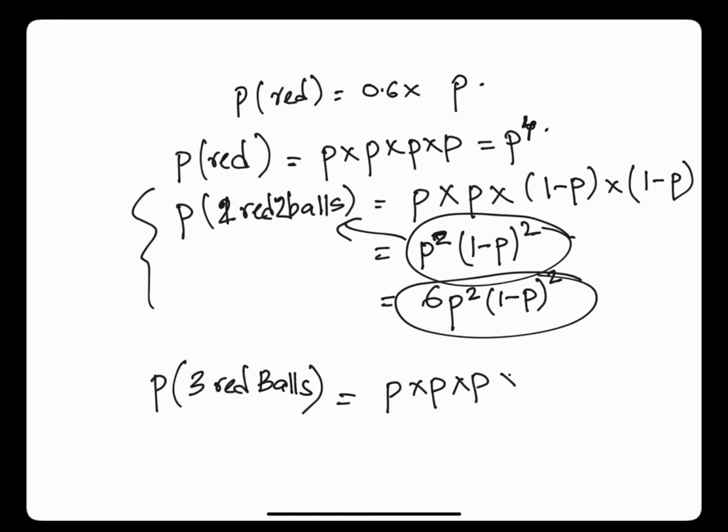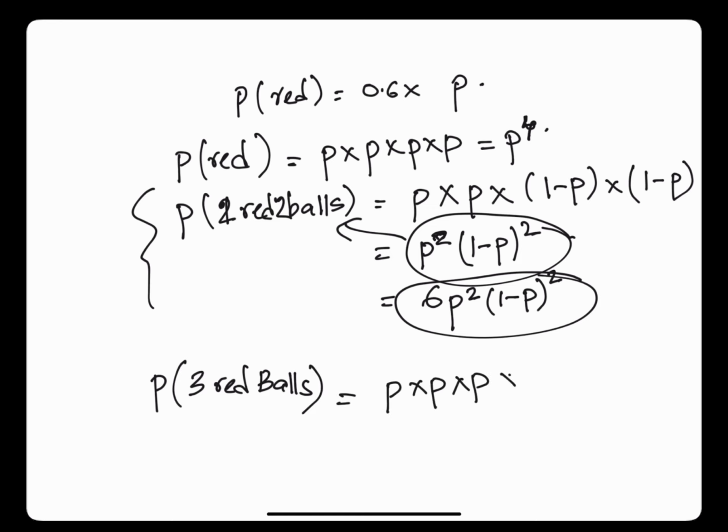Okay, now generalizing it even more, instead of saying that there are 0 red balls or 1 red ball, let's just generalize and say that in this experiment we need to take out r red balls out of a total number of n balls.